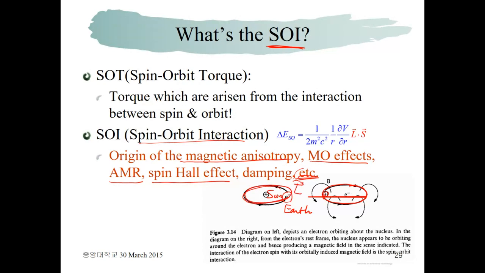So the angular momentum of the electron is similar to the angular momentum of the nucleus in the frame of the electron. So this motion generates a kind of magnetic field. We can say this part is the magnetic field because of this angular momentum. This is nothing else but the Zeeman energy term, the interaction between the spin and the field.